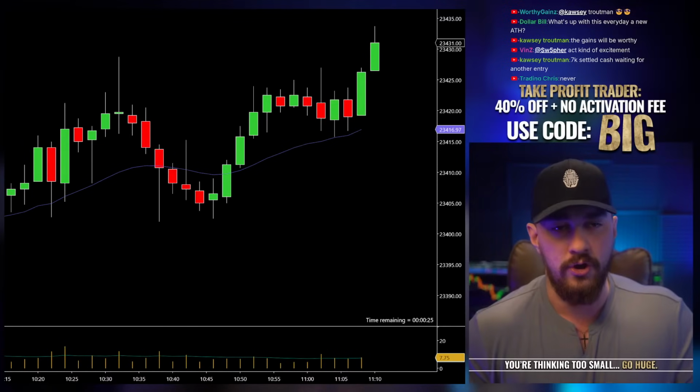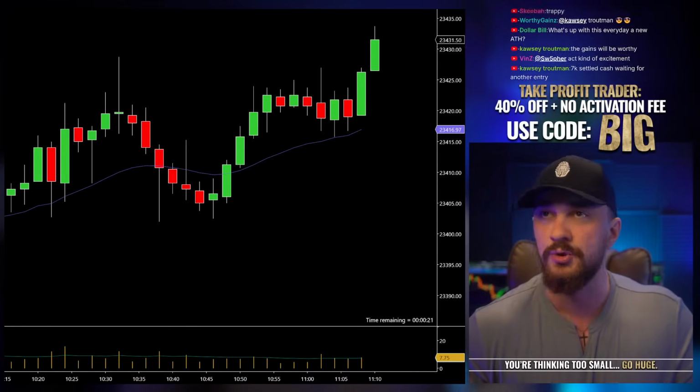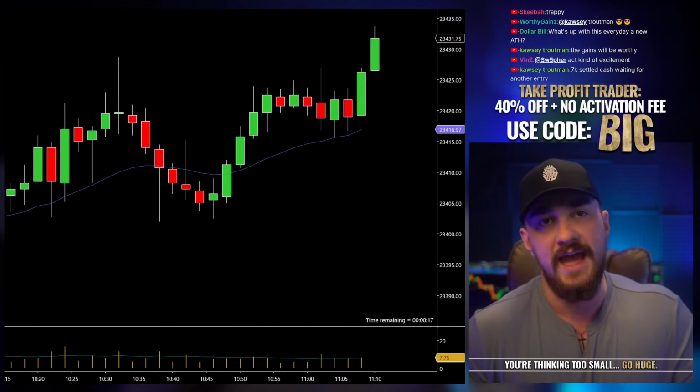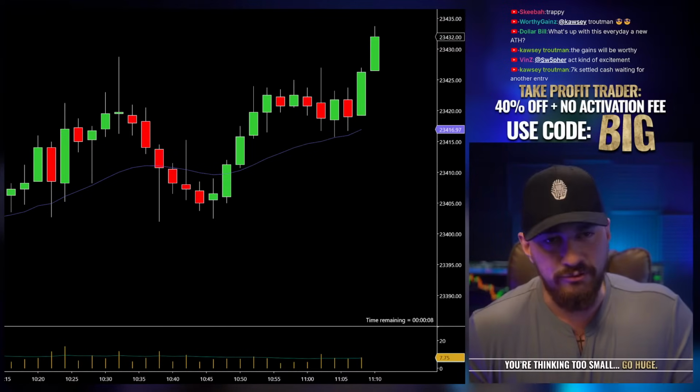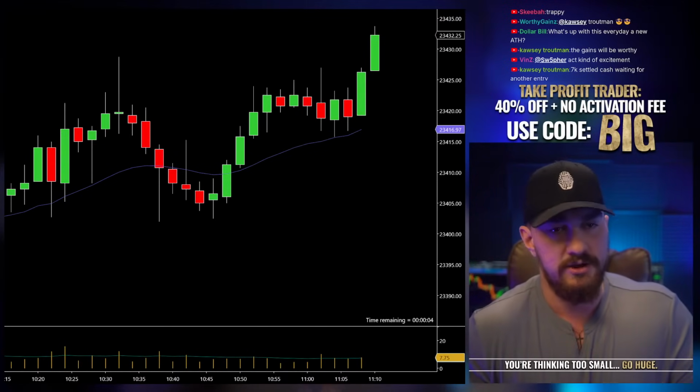But I would prefer to get long near the low end of a soft bull channel rather than shorting the high end. However, if I had to make a decision here in 15 seconds, if we saw a close near the high of this bar, I would have to short it. It's not my favorite trade. I'm gonna be straight up. This is not my favorite trade, but that's what I would have to do.